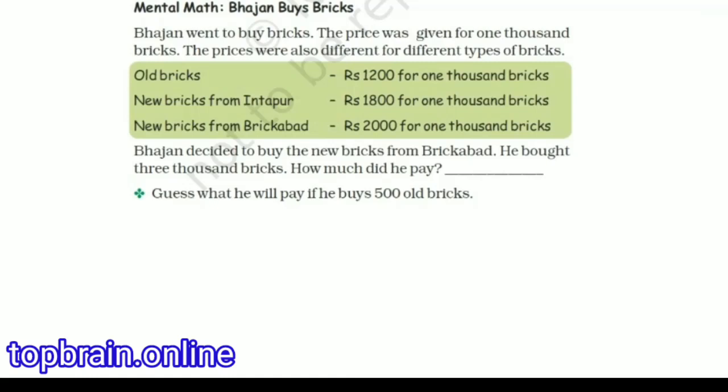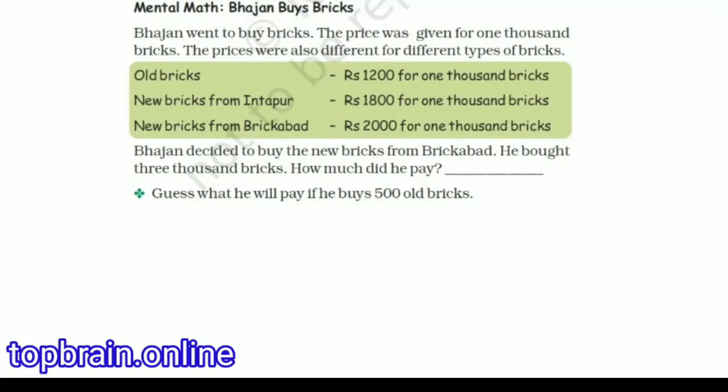We have to calculate how much money Bhajan has paid for new bricks from Brickabad. So in this mental math it is given that rupees 2000 is required for 1000 bricks.